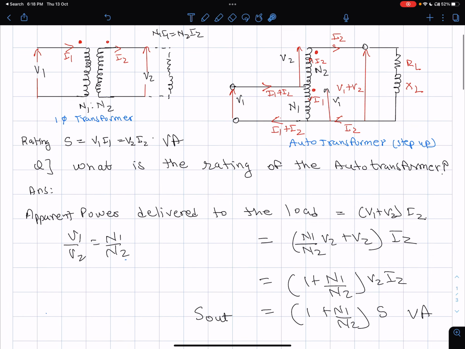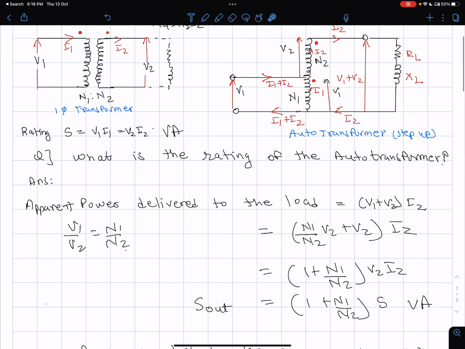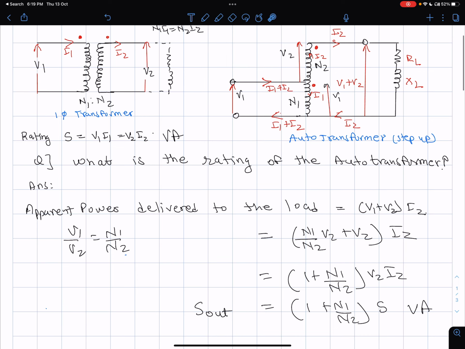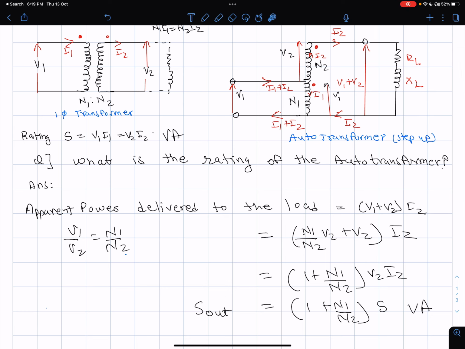This is an advantage. At the same cost, you can get a much higher rating of the autotransformer. And what happens to the losses? Because both the windings are used to their rating only, the core loss, for example, will be the same.